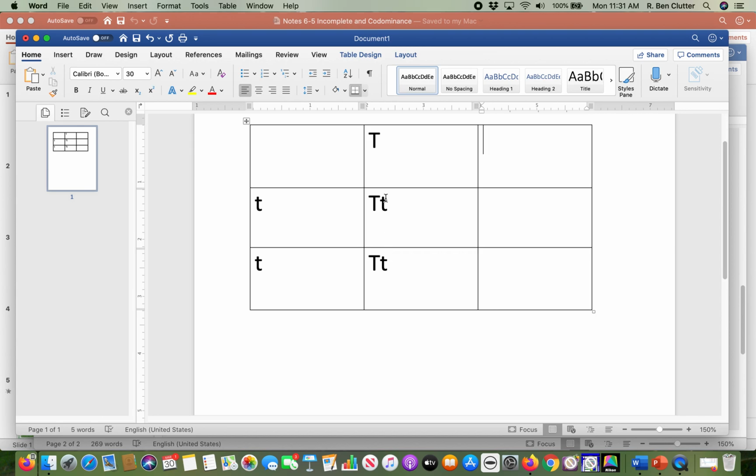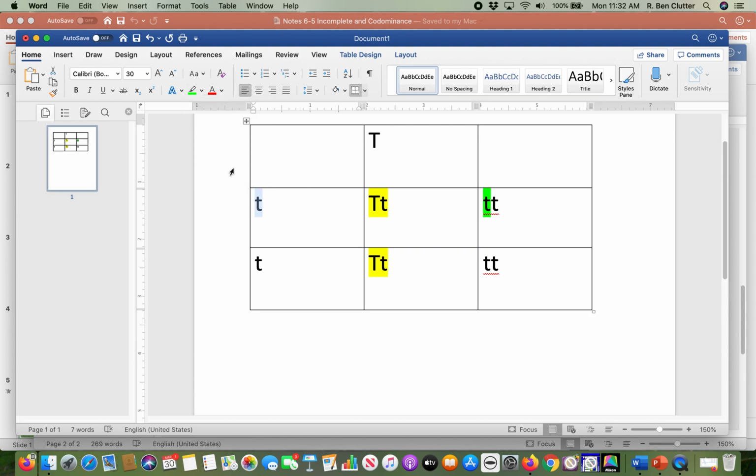Well, right now, both of these offspring, both of these probabilities here, remember the box represents a probability, I'm going to highlight it, those ones are going to be tabby. And we know that half of the offspring are stripeless. Well, what do we know about stripeless? Stripeless is recessive, so it's got to be two lowercase t's, right? So where did this lowercase t come from?